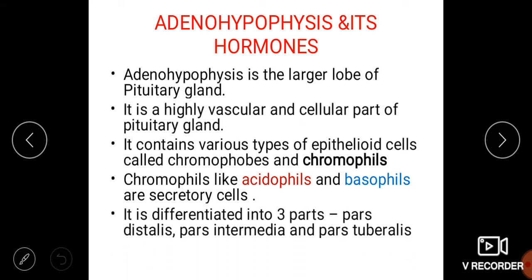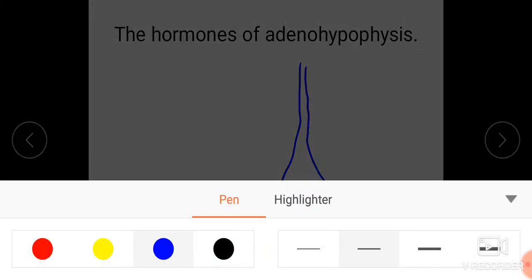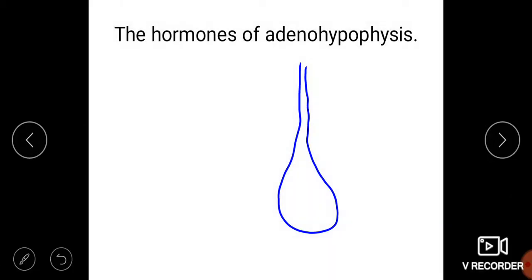It is differentiated into three parts, pars distalis, pars intermedia and pars tuberalis, which we have already discussed. I have drawn the neurohypophysis, and now the adenohypophysis or anterior lobe.